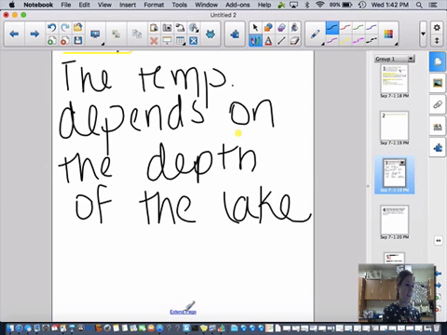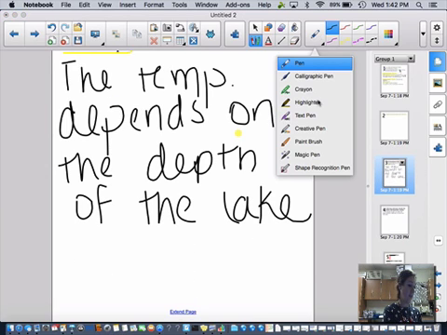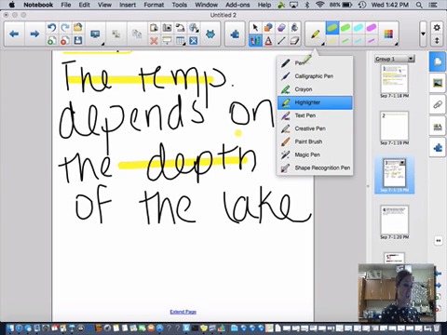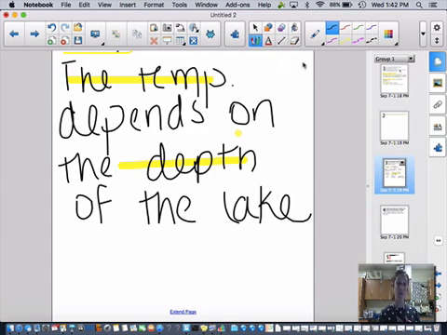So the temperature depends on the depth of the lake. Okay, so we're dealing with the temperature and the depth of the lake. So what is changing? What is changing as a result of the other? Okay, so the temperature is changing because we are going deeper into the lake.